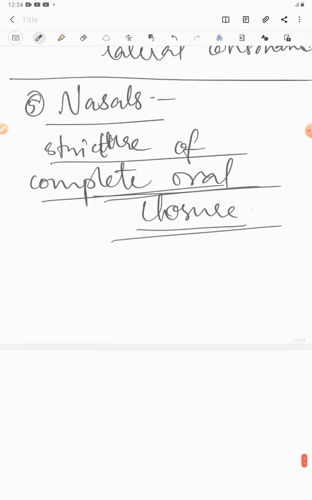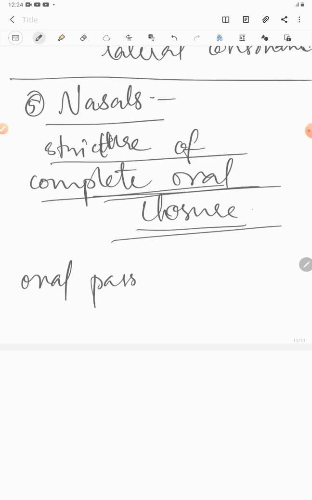When the soft palate is lowered, the air escapes through the nasal passage or nasal cavity. So what happens in nasal sounds?